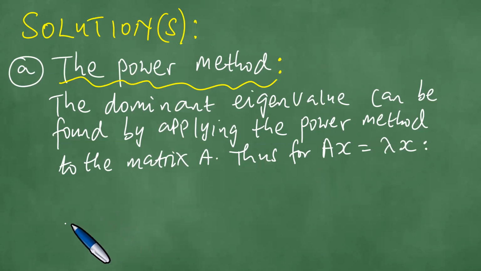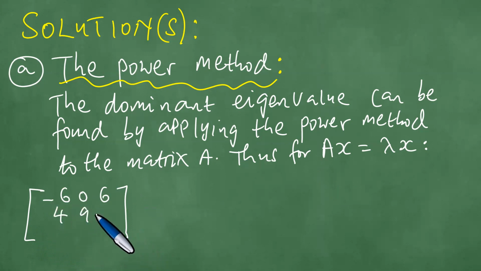So we start with the matrix A, which has the entries minus 6, 0, 6, 4, 9, 2, minus 3, 0, 5, and the vector 1, 1, 1.